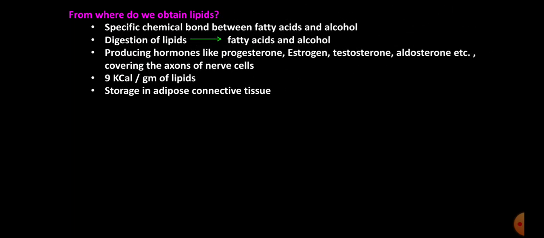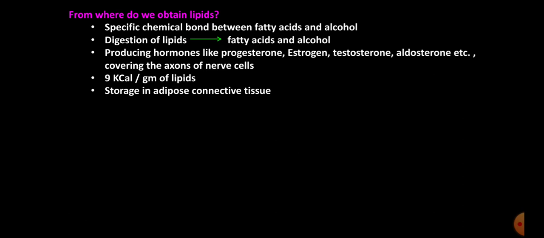Now, from where do we obtain the lipids? Lipids are digested and converted into fatty acids and alcohol. There is a specific chemical bond between the fatty acids and the alcohol.